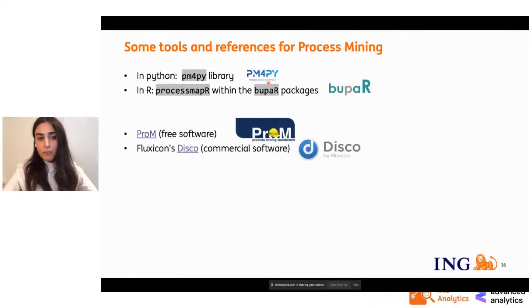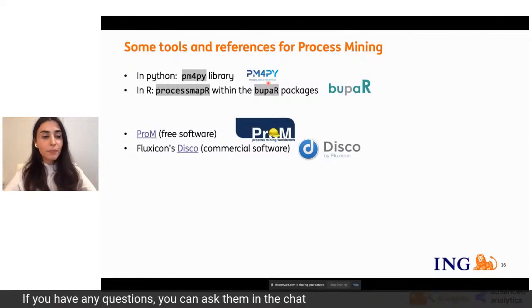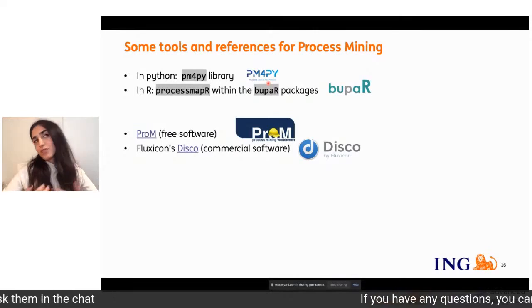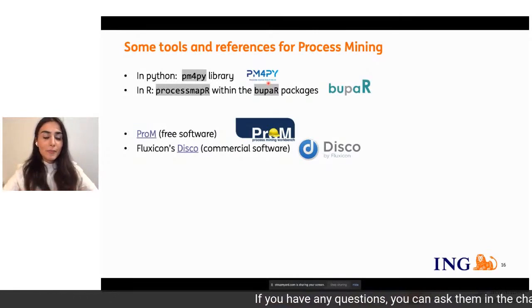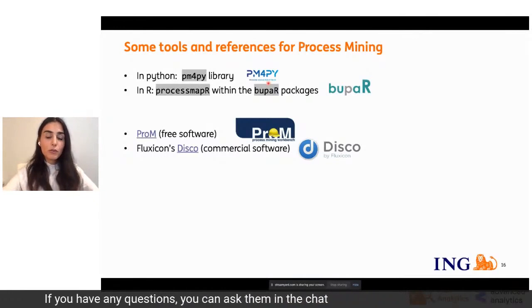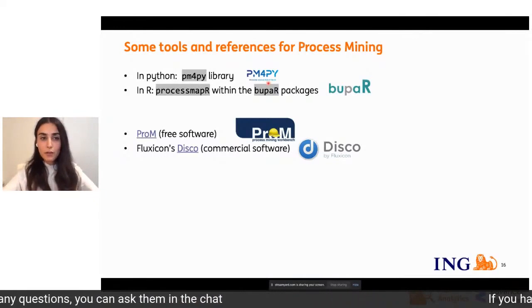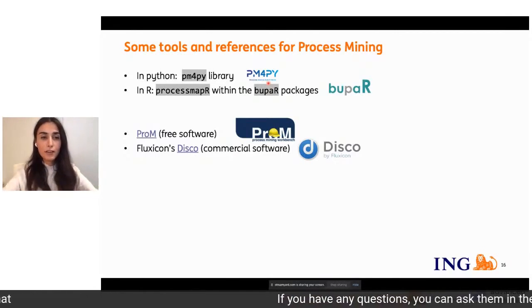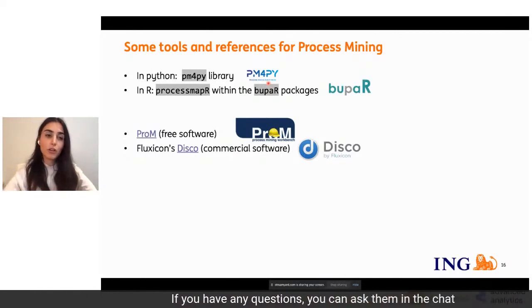And then the spin-off of ProM, which is Disco, an abbreviation of Discovery, by Fluxicon, is a commercial version of sort of ProM, again with high supervision of scientists who have process mining experience. So again, I think you can use a free trial for smaller data sets, and it's commercial.